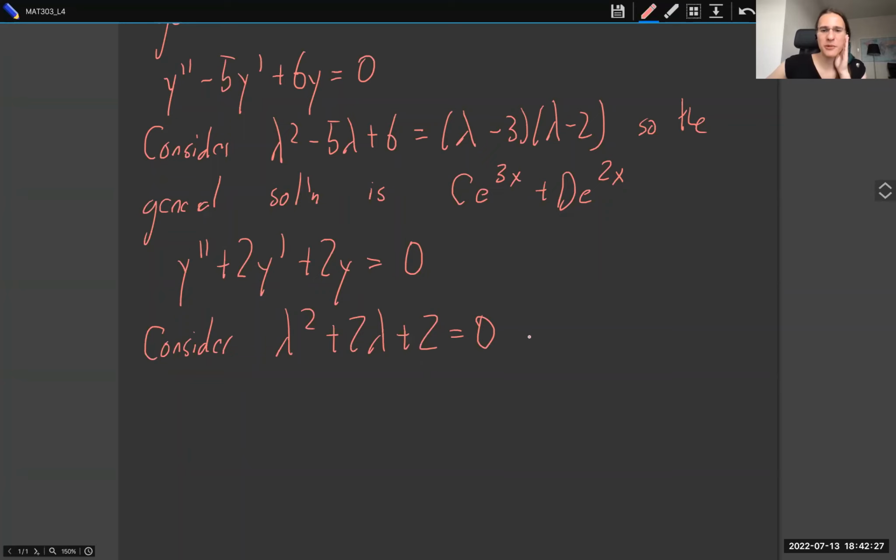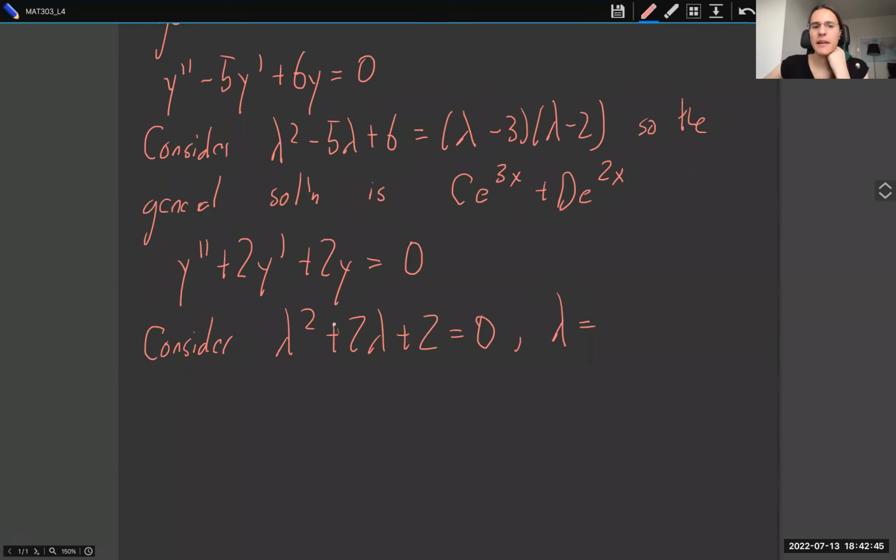So the quadratic formula tells me, plugging in the numbers, that lambda is, how would you read it off with these numbers?